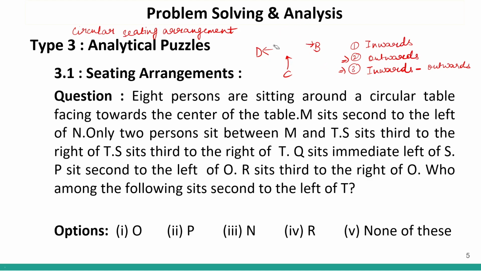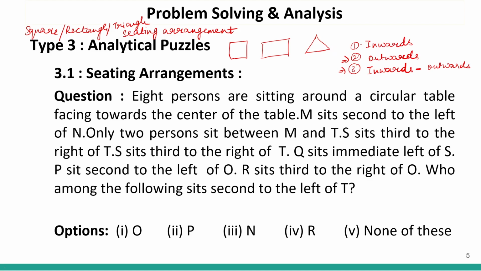Very similar to this, we have the other one, that is square or rectangle or triangle seating arrangement. Now in this, let us take all the possibilities together. You can get a triangle like this.